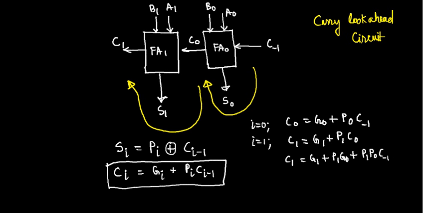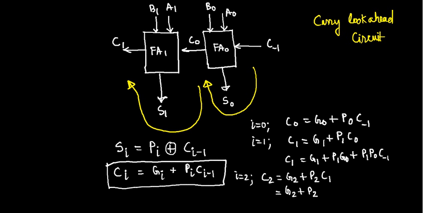So if we go on for, let's say, i equal to 2, what is the expression? C2 = G2 + P2 C1. So can I represent it like this? G2 plus P2 C1. What are G2 and P2?